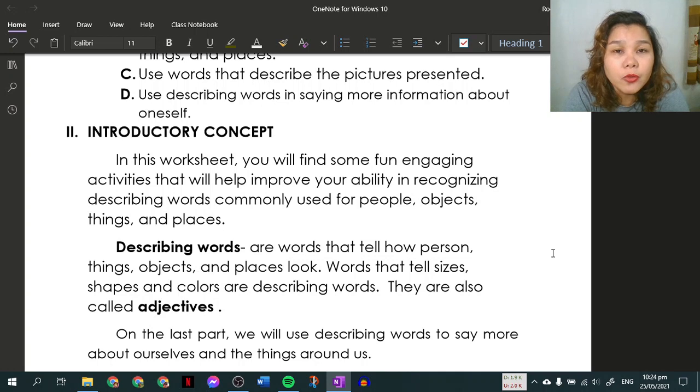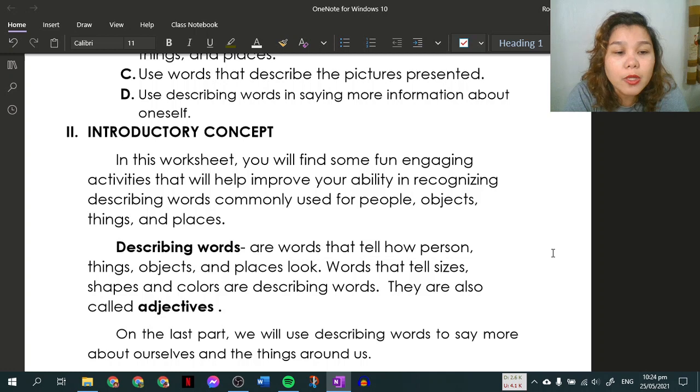If you remember this in science, when we talk about materials, when we tell the properties of materials, you are already using describing words. So they are also called adjectives. So aside from the term describing words, we can also call it adjectives.